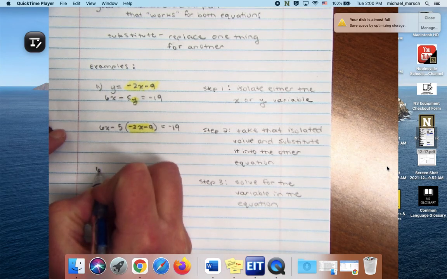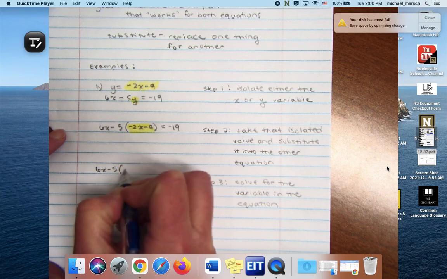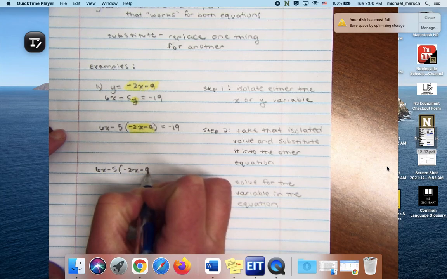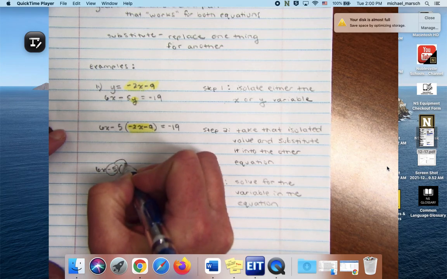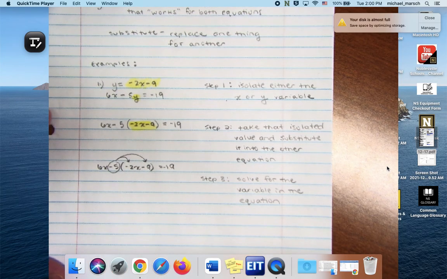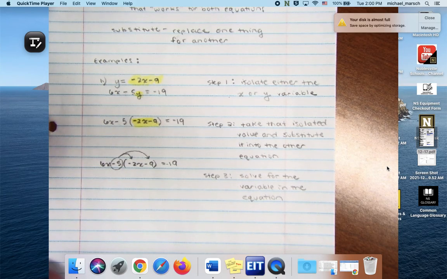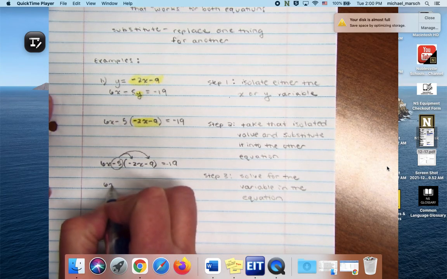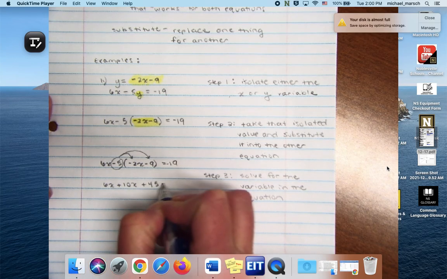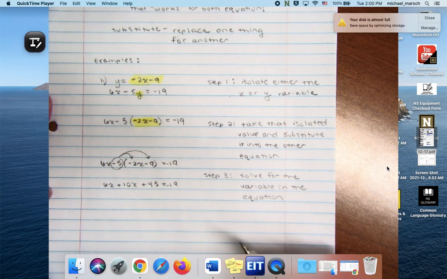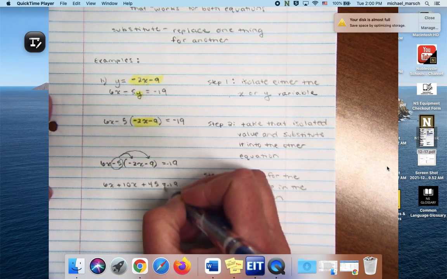So I'm going to have 6x minus 5 times the quantity, negative 2x minus 9 equals negative 19. I'm going to take this negative 5 and distribute just like I would if it was a regular old equation from 7th grade. I'm going to get 6x plus 10x plus 45 equals negative 19. And then I'm going to go ahead and solve it like normal.